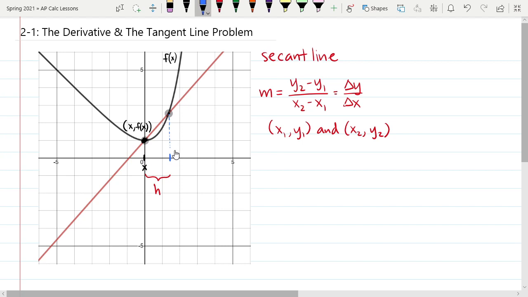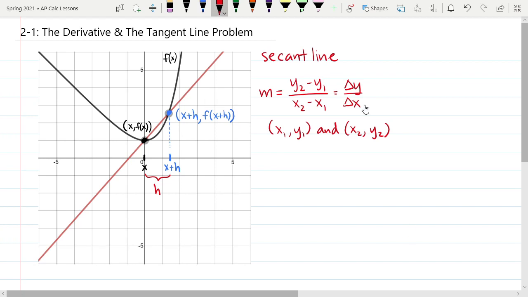Well, if that's the case, if this first x coordinate is x and this distance is h, then it follows that the x coordinate for the second point must be x plus h. And that means that we can now rewrite the coordinates of the second point as x plus h, comma, f of x plus h. So these are the two coordinates that we're going to use for the slope.